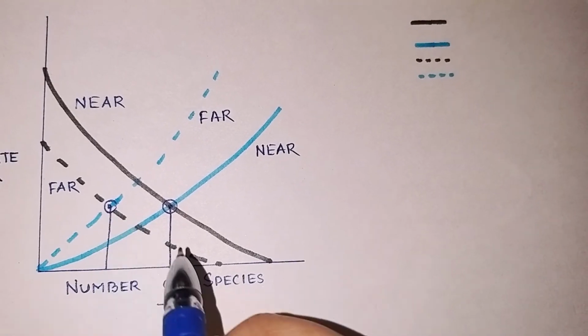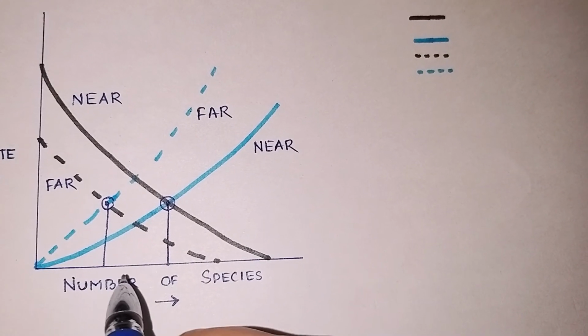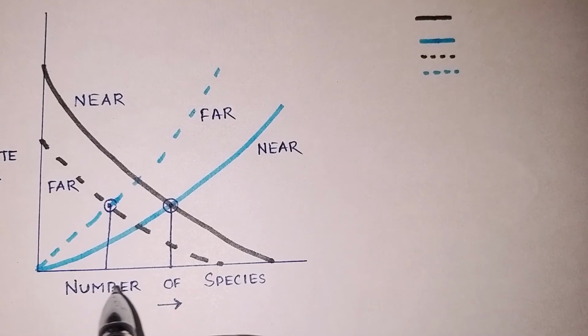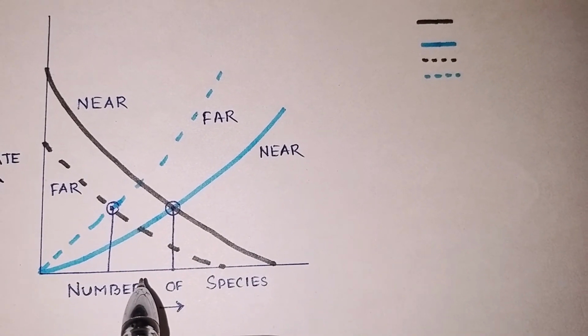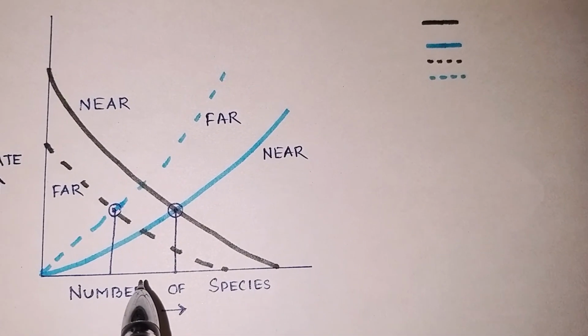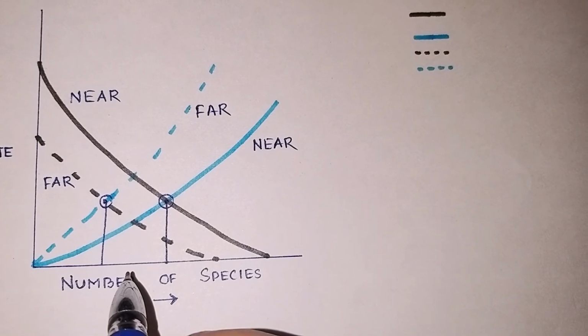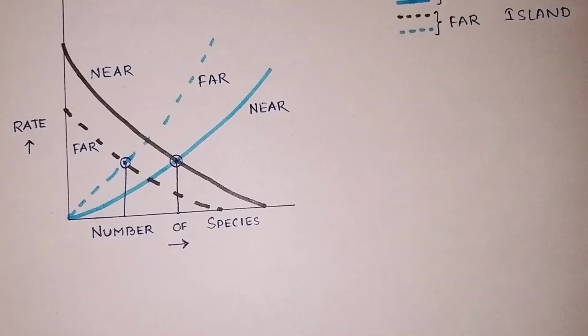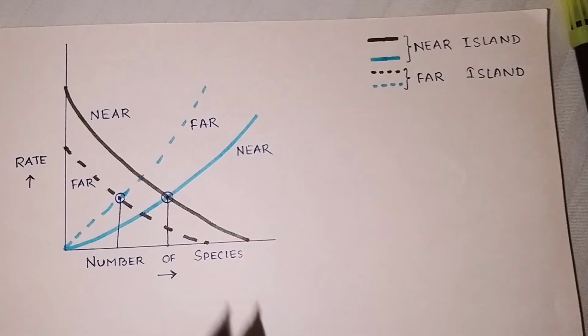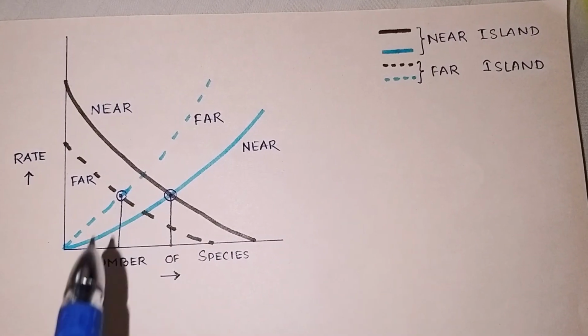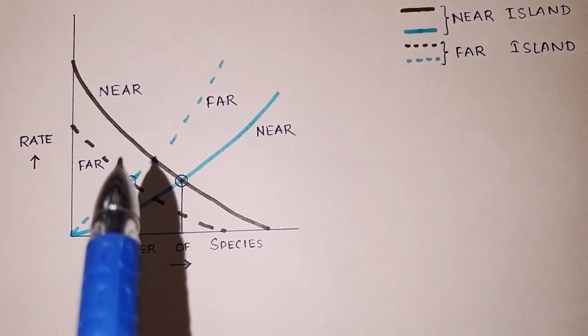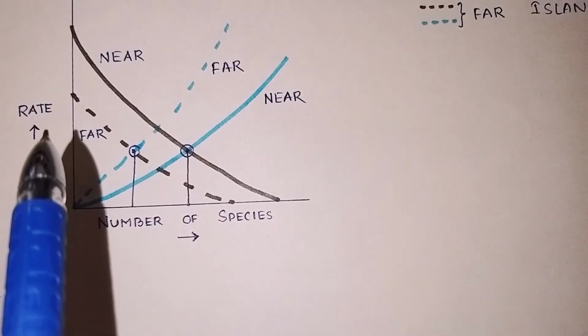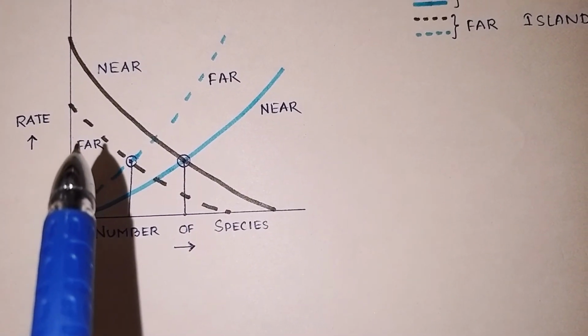The point of equilibrium shifts towards the left when the island is located far away from the mainland. So this is how we graphically represent the number of species along with the rate of immigration and emigration in near and far islands.